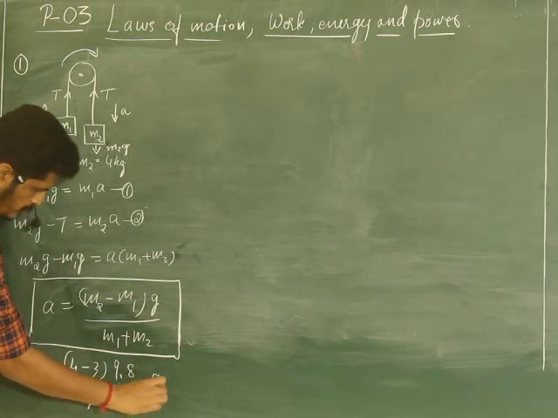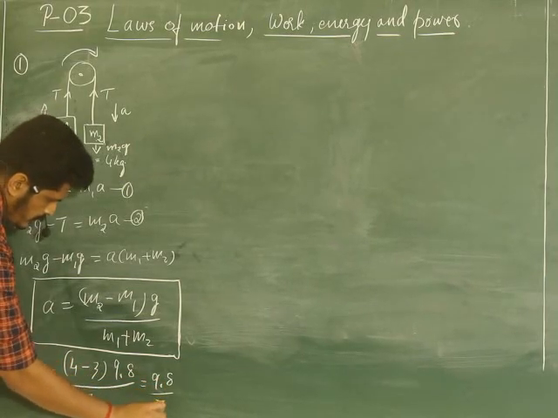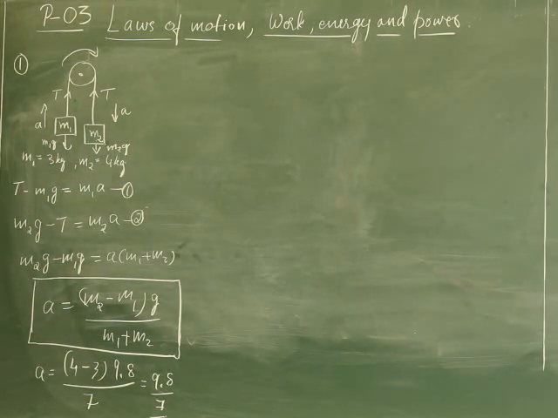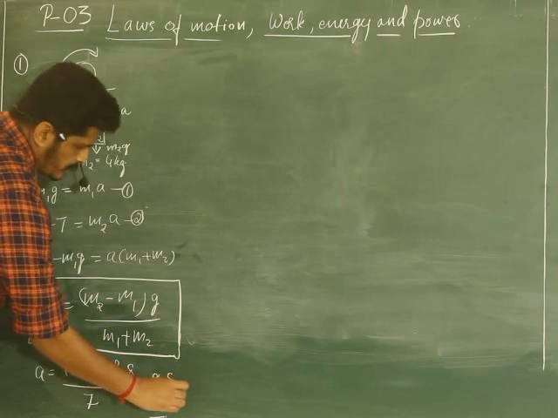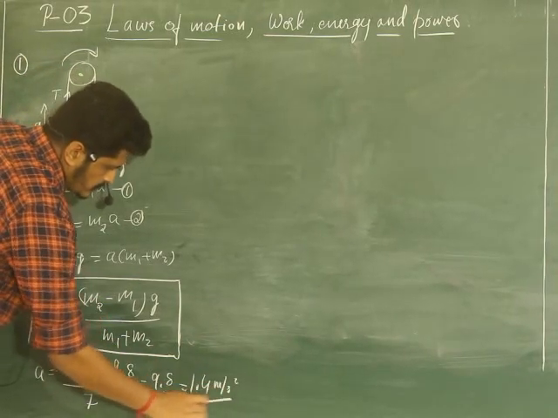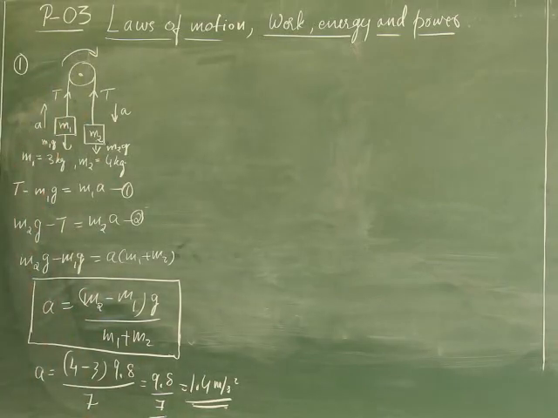So 9.8 divided by 7 you will get 1.4 meter per second square as the answer.